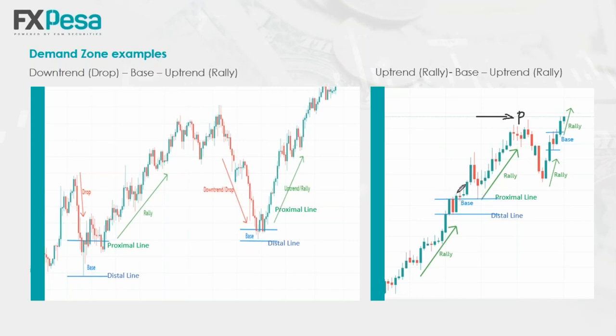So you'd look at that red candlestick and you'd base your proximal line on where the body ends on the upper side, the opening price of this bearish candlestick. Then you'd mark the distal line along the lowest level of that candlestick, or the tip of that bearish candlestick.